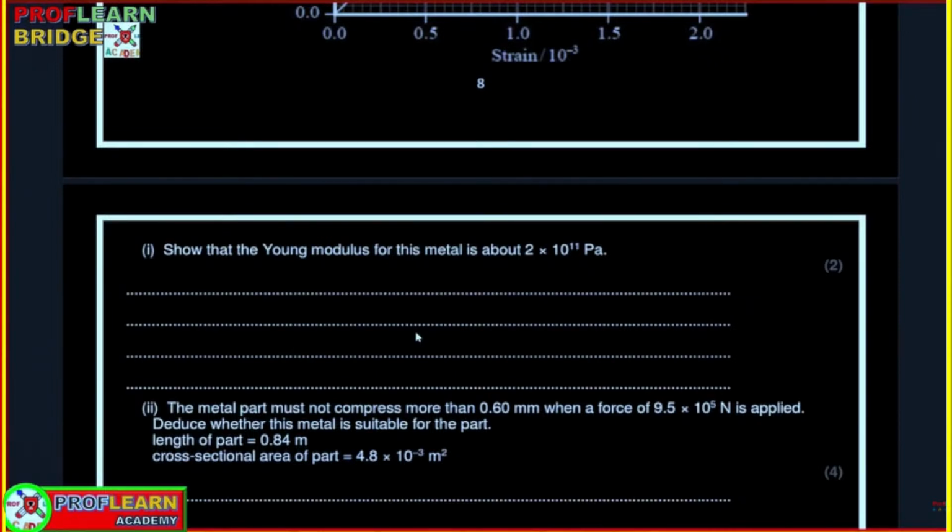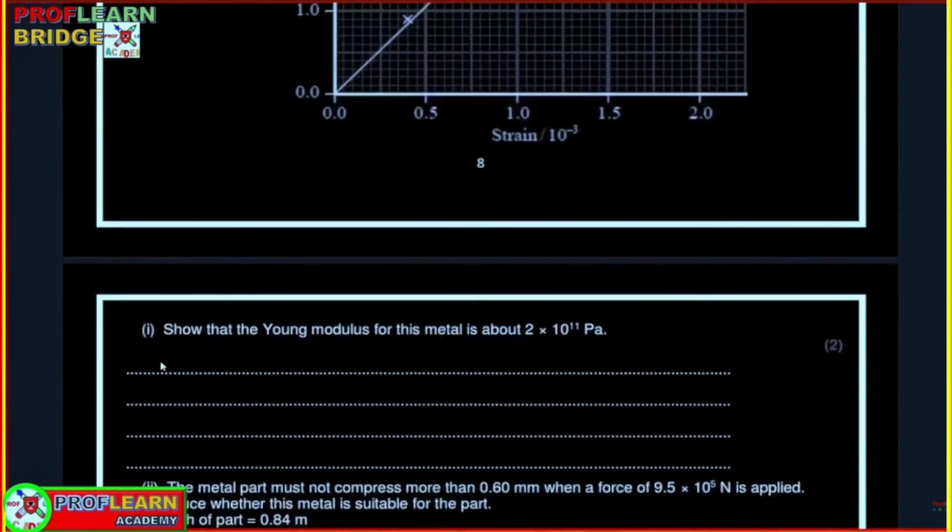So basically, the examiner is trying to test whether you understand how to get the Young's modulus from stress strain graphs. But since you've watched a tutorial from the Proflan YouTube channel, you have been told that from stress strain graphs, for you to get the Young's modulus, you need to work out the gradient of the straight section of that particular graph.